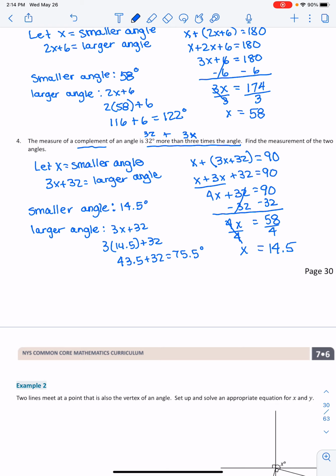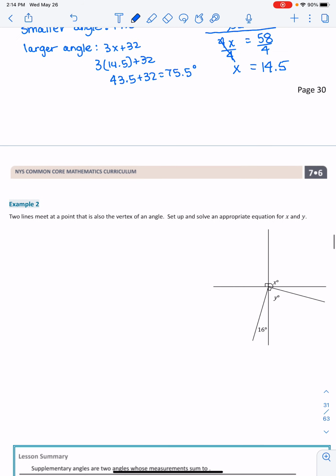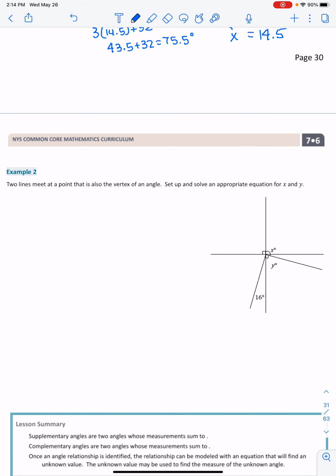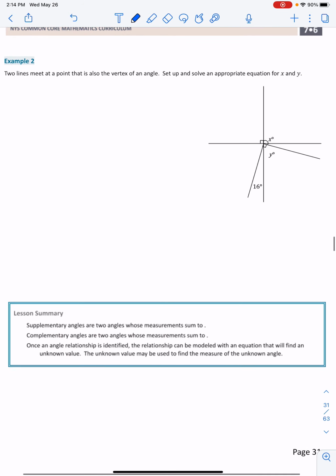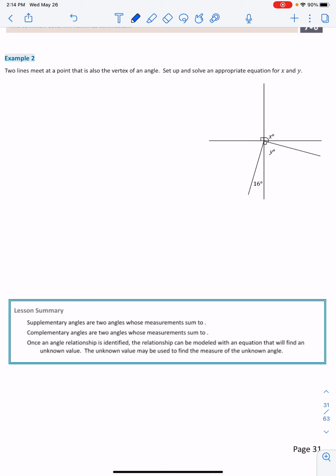Now we do have one more question. This question does not have to do with complementary or supplementary angles, but two lines meet at a point, and it's also the vertex of an angle. Set up and solve the appropriate equation for x and y. Well, a couple of things here. First of all, notice we have our little box here. So this is a 90-degree angle.